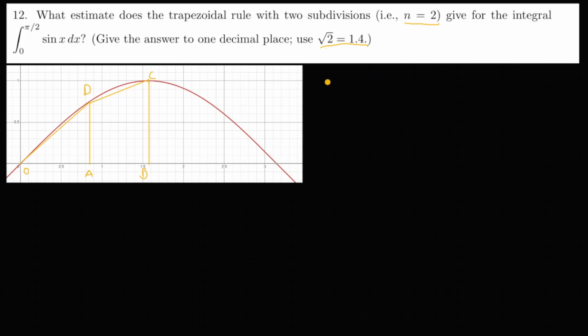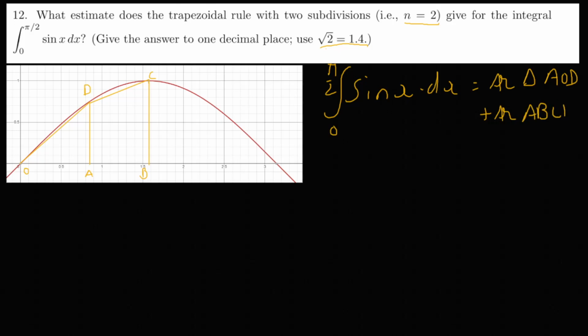Yeah, so I'd say the integral of sin x dx from 0 to pi by 2 will be the area of triangle AOD plus the area of trapezium ABCD. Alright, now let us label some things.